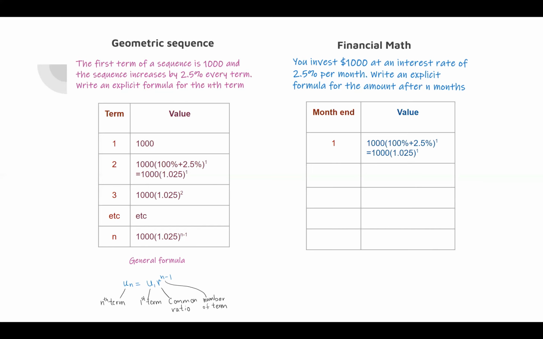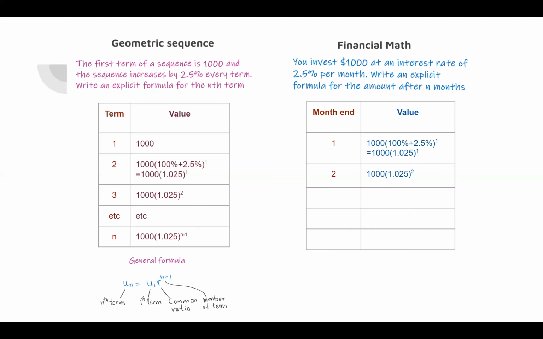So for example, the first month end would see an amount of 1000 times 100% plus 2.5%, like before, to the power 1, which becomes 1000 times 1.025 to the power 1.